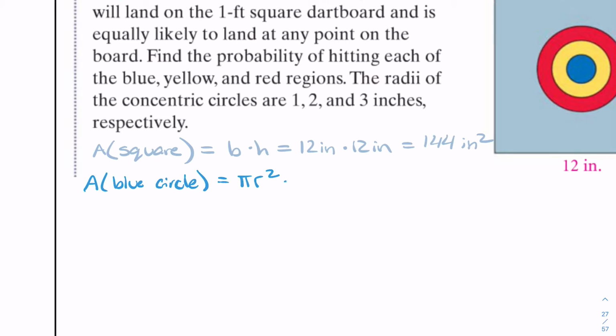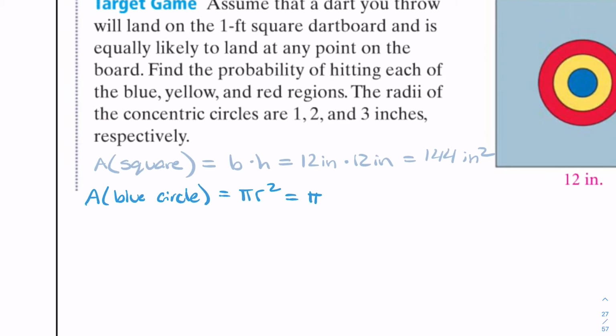So I'm going to do pi times the radius, which is 1. So it's going to be pi times 1 inch squared, which is 1 pi inches squared.